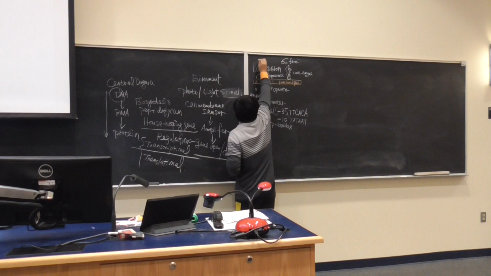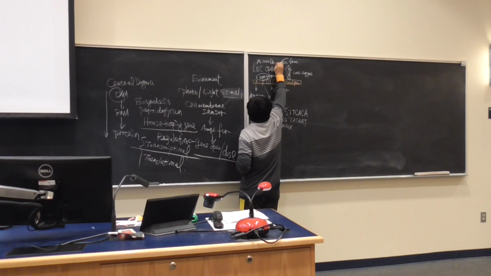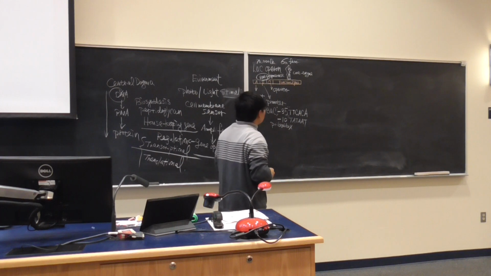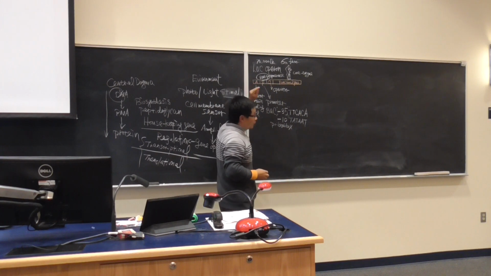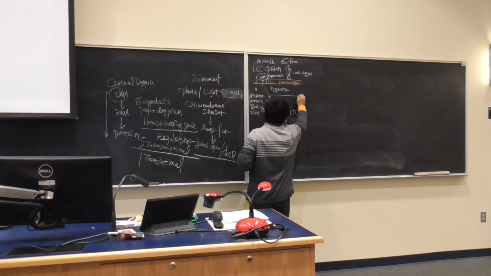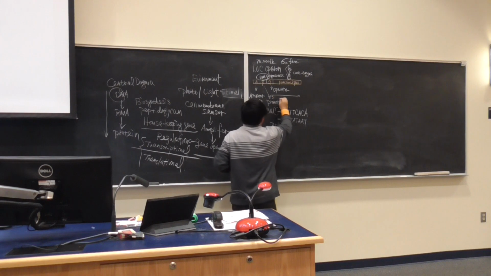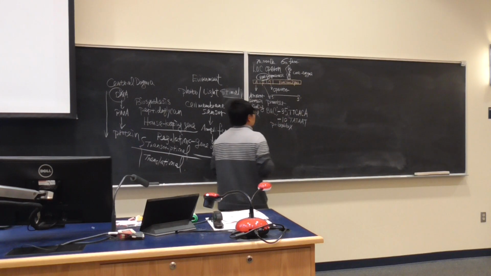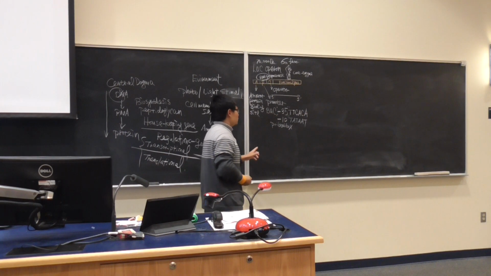So that's why we call it sigma 70. And this sigma 70 helps the RNA polymerase recognize the promoter, and then they start to do transcription from 5 prime to 3 prime.